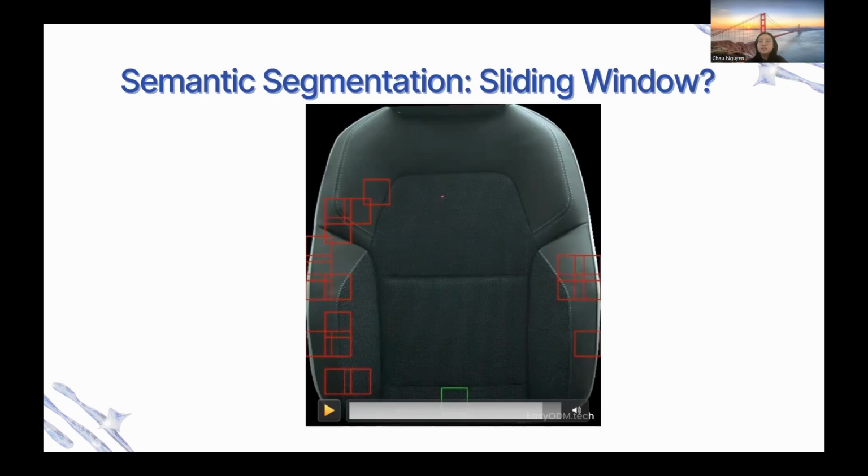Yeah, this is also concerning because it would be very inefficient, right? We would need to run a classifier through each of these little squares. And if these squares are overlapping, sure, the model will be able to detect it a bit better, but it's inefficient. Each of these overlaps means unnecessary computation, right?